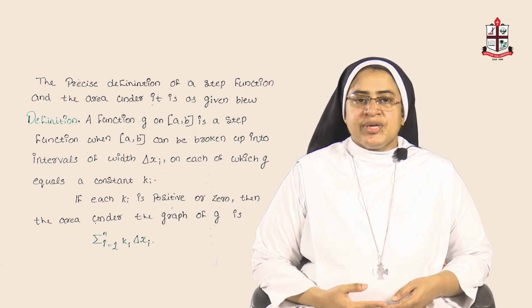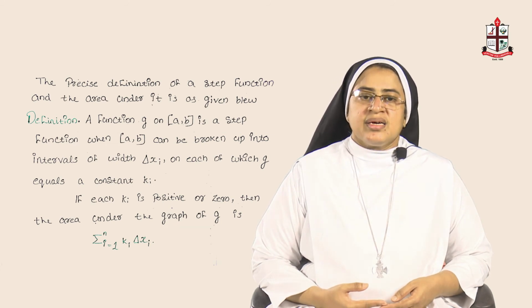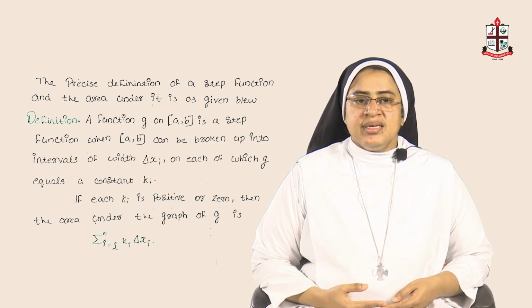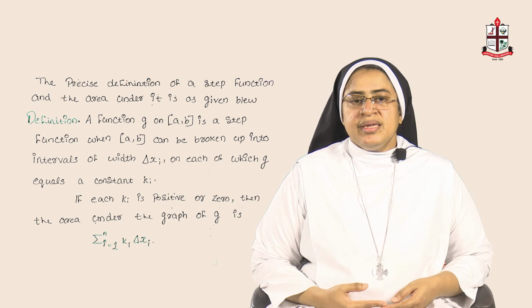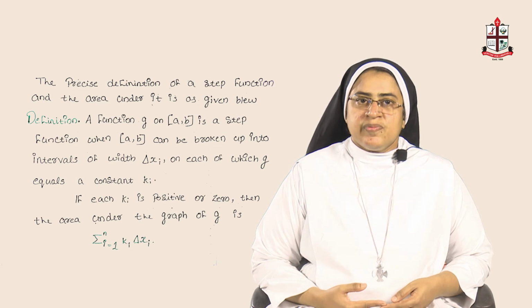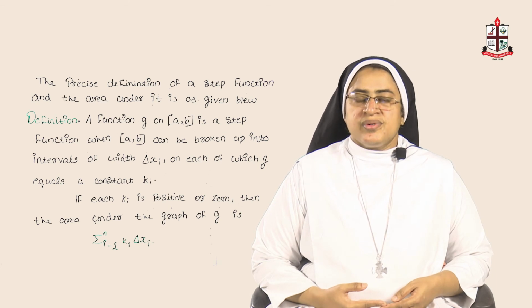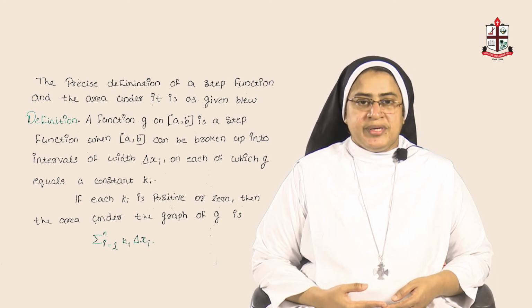If each ki is positive or 0, then what happens? The area under the graph of g is the sum from i equals 1 to n of ki delta xi. That is, when you multiply the step function's value ki with the width of the interval, that will constitute the area under the graph of g.